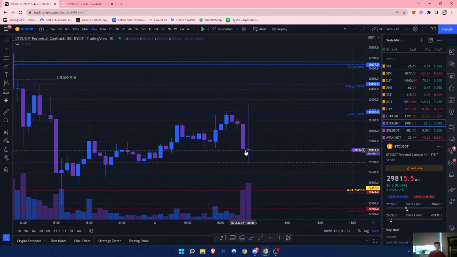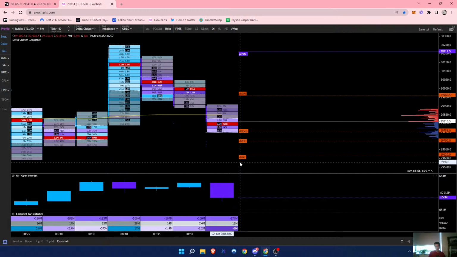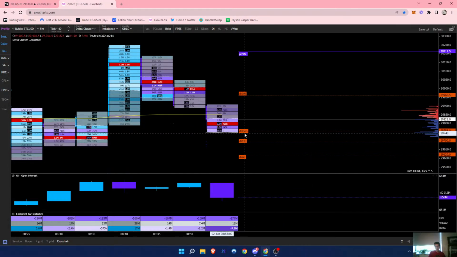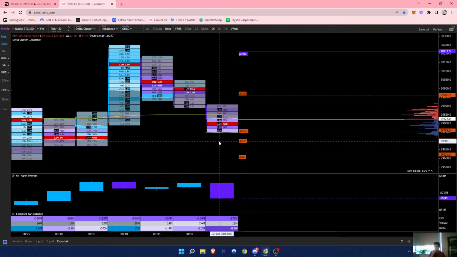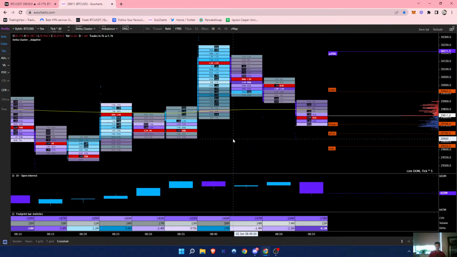Just going back to my TradingView. Rejection off the previous day value area low. Breaking through that VWAP. A lot of longs getting stopped out. See what I mean with the US open?